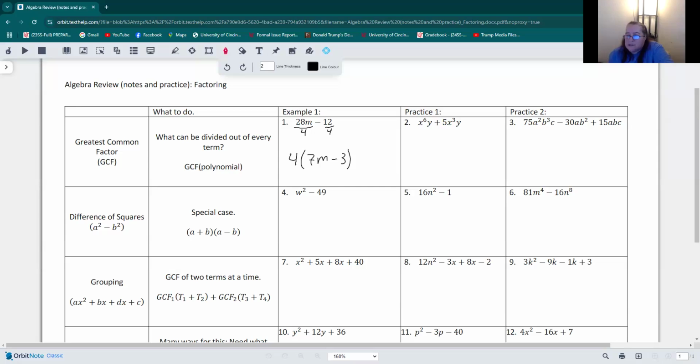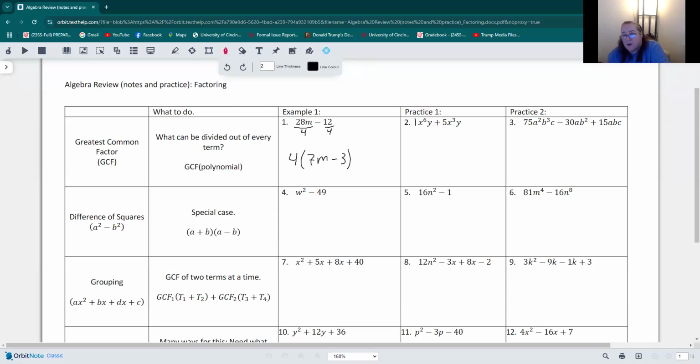Let's do one with the exponents, and I'll leave the third one for practice, and I will put the answer key up as soon as I can. So when I'm looking at this, there is a coefficient of 1 here. So I'm looking at 1x to the 6th times y, plus 5x to the 3rd times y. Now I'm looking at what can I divide out of each one of them.